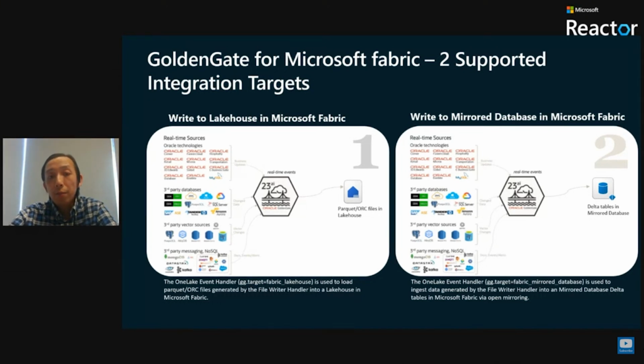Then in Fabric, for the mirror database, there is a compute engine that is running all the time to pick up those changes from the landing zone and convert and merge those changes into the data tables that are finally stored in OneLake for the mirror database. Then other engines in Fabric, such as the SQL analytical endpoint or Spark notebooks, can read those data tables directly. Okay, next slide.